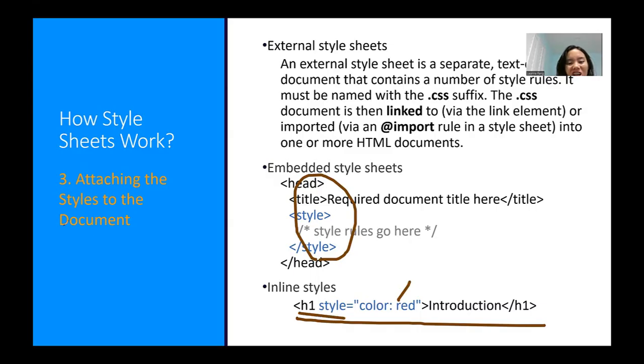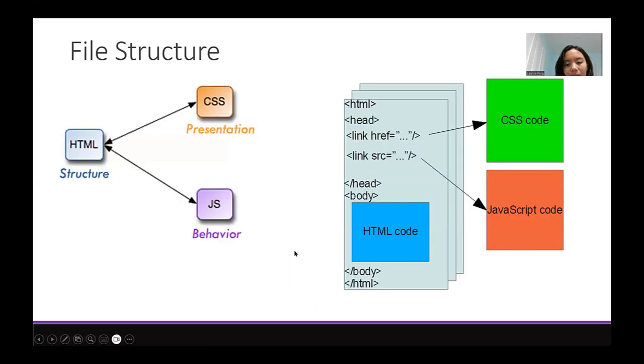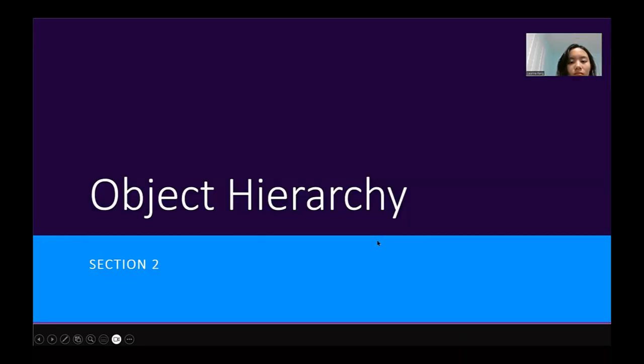Okay, that's also a way to do CSS. So anyway, your HTML, including the CSS and the JavaScript, hooks together into one page. And when you load the whole web page, everything will be loaded, including your CSS code and your JavaScript code. Okay, so this is the structure of your HTML page.